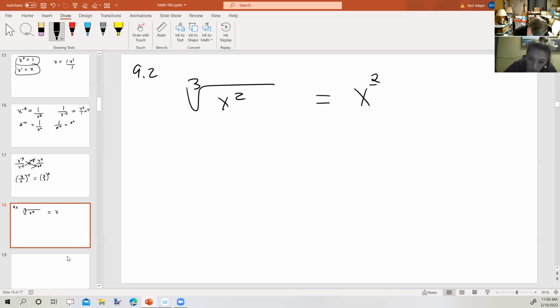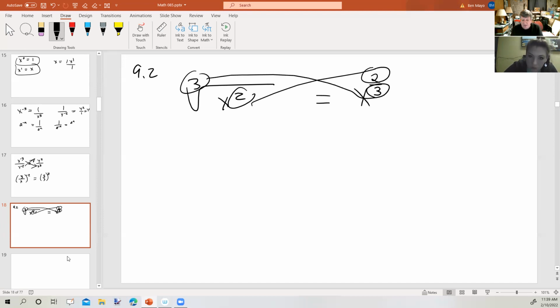This is x to the 2/3 power. Now, the power is on top, and the index telling us what root is on the bottom of the exponent. Think of a root of a tree. The root is on the bottom, so the root is on the bottom of the exponent.